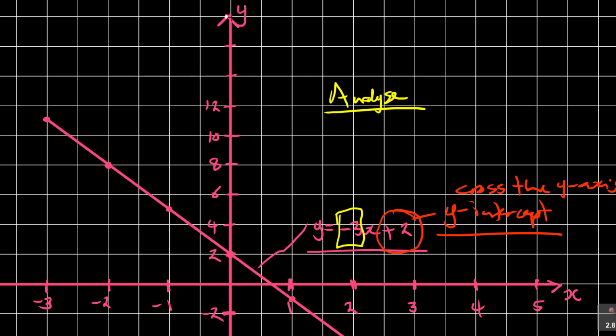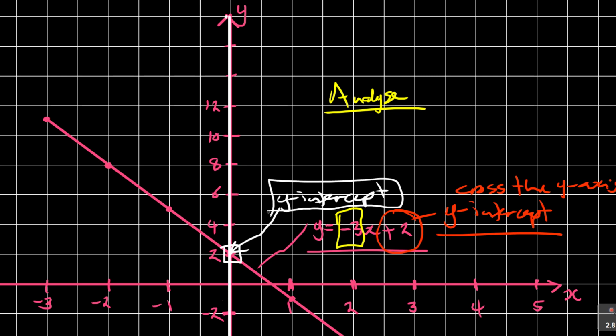This one. So where does the graph cross the y-axis? You can see that the graph is crossing the y-axis there. That point, we call it the y-intercept. Are you with me? That is the y-intercept, where the graph crosses the y-axis.